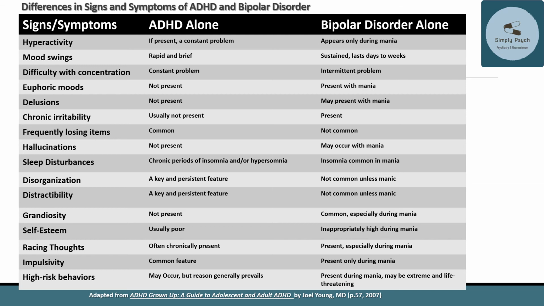Sleep disturbances. Many patients with ADHD have chronic insomnia, or they have hypersomnia. They either don't sleep enough or they sleep way too much. And in bipolar disorder, you really only get the insomnia during those hypomanic and manic phases.